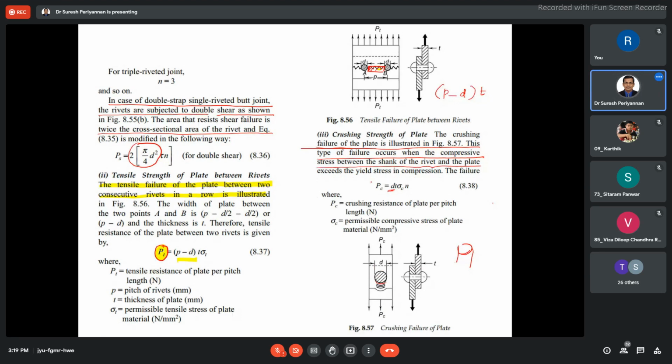Crushing strength of the plate is PC equal to D T into sigma C into N. N represents the number of rivets. This is the crushing resistance of the plate per pitch length, where sigma C is the permissible compressive stress of the plate material.